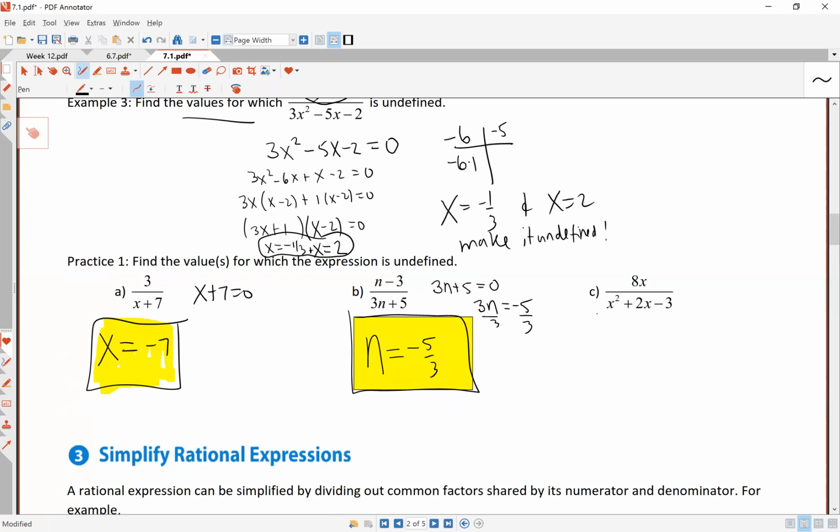Now, everyone has a hard time looking at what makes x squared plus 2x minus 3 equal to 0. So we actually set it equal to 0, factor it as a product of two binomials, and then state the values that make each factor equal to 0. Tell me what you get on that.